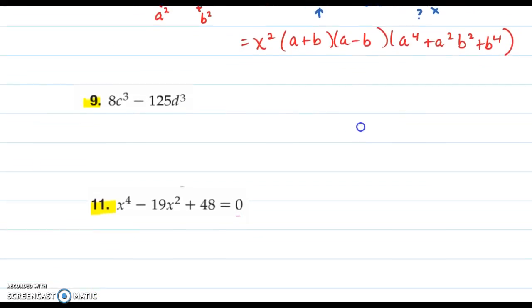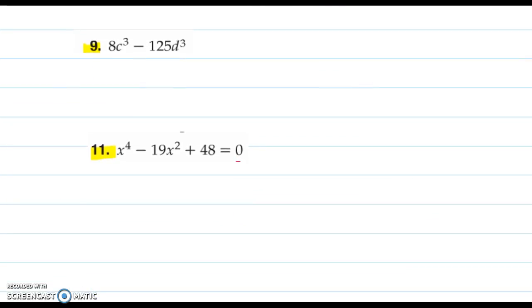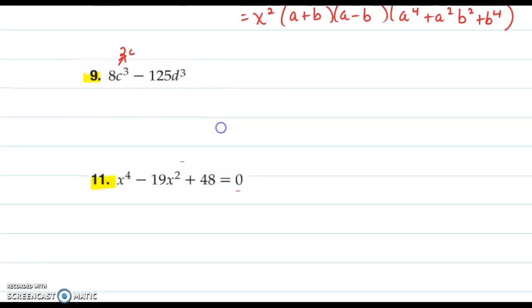All right, and now we get a little bit of a break here because, oh, hallelujah, there's no GCF, right? Nothing goes into it. It has 2 terms being subtracted. So hopefully, if I can factor it, it's a difference of something, right? And it looks like that is a perfect cube because I know that 2c, if I cube it, gives me 8c cubed. And here, 5d, if I cube it, gives me that. And this, we just said cube it, gives me that.